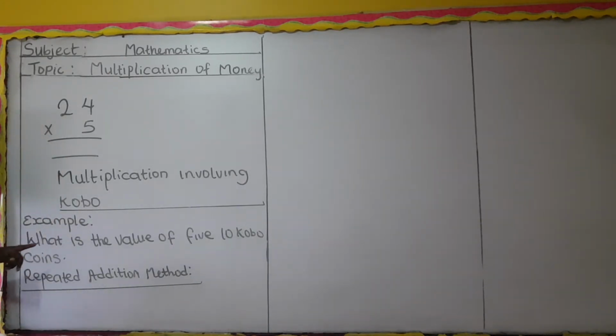The question says, what is the value of 5 10 kobo coins? So 5 10 kobo coins, let's draw the diagram.